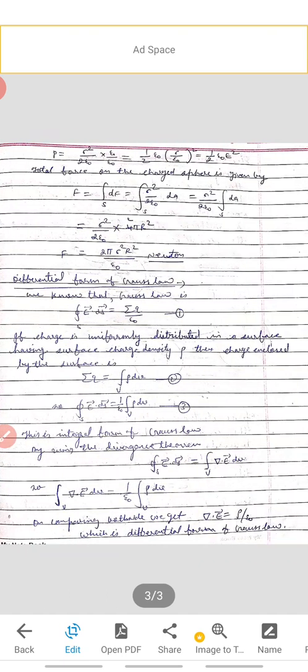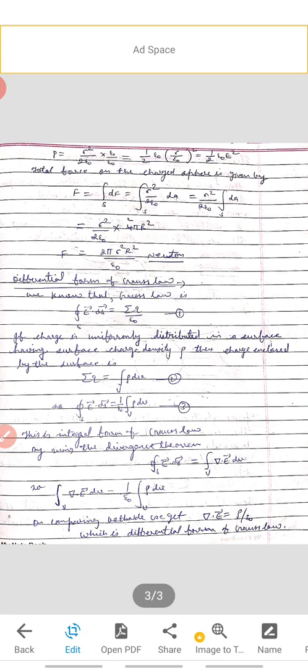Now we can write the electrical pressure in this form: P is equal to 1 by 2 epsilon naught E square. The total force on the charged sphere is given by F is equal to surface integral dF is equal to surface integral sigma square upon twice epsilon naught dA.